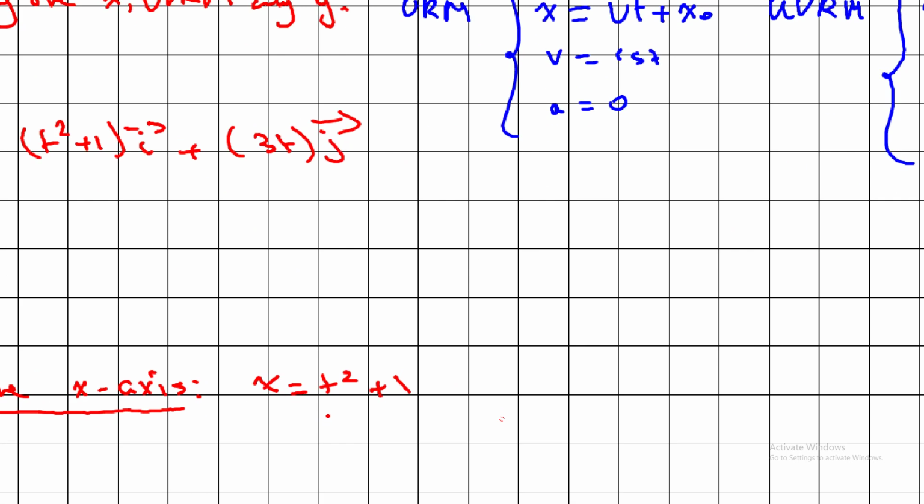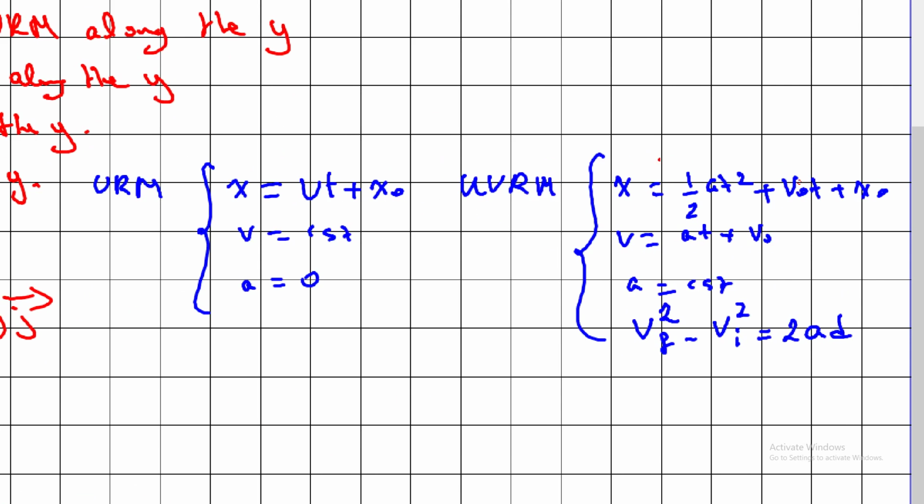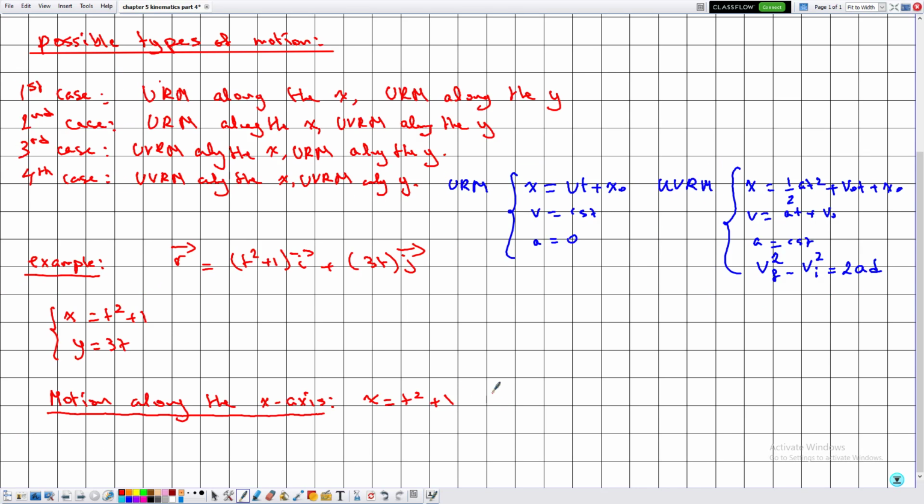What's the type of motion along the x-axis? Notice that the quadratic term appears. If we compare both equations, the quadratic term in the position corresponds to UVRM. So in this case it is UVRM along the x-axis.